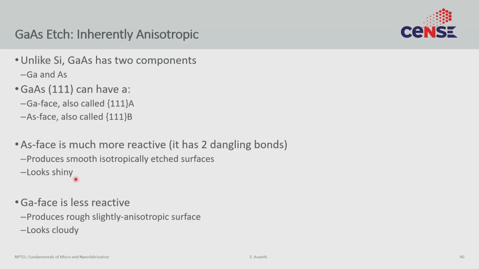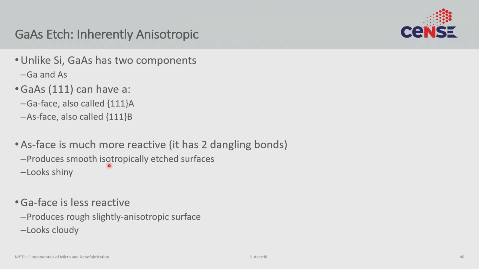Now typically the arsenic phase is much more reactive, which would mean that it etches much faster, and that is exactly for the same reason we discussed a couple of minutes ago. Arsenic has a valency of 5, so you can argue that it has 2 extra dangling bonds on the surface than the gallium phase. What that means is that the etches on the arsenic phase tend to be very smooth.